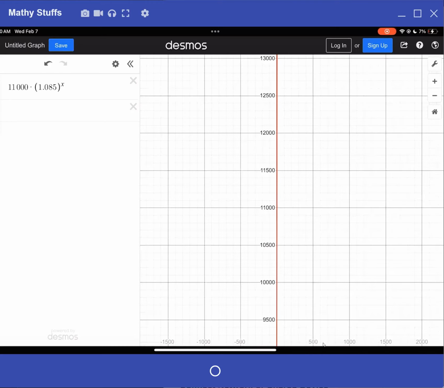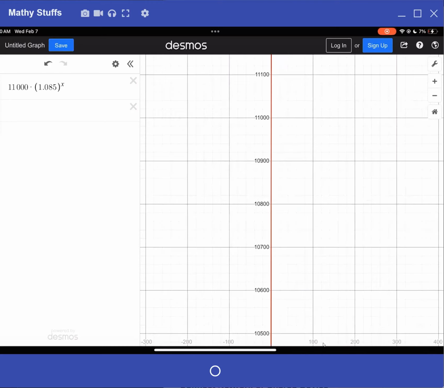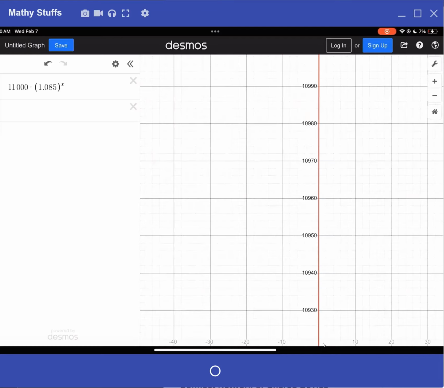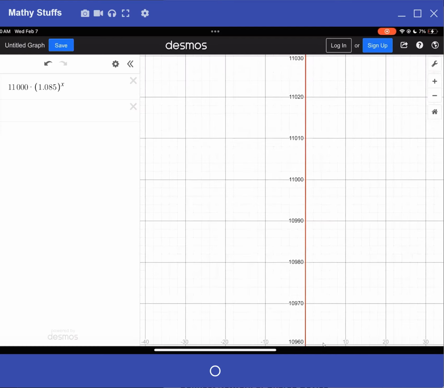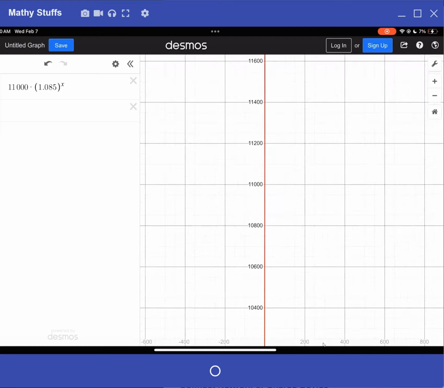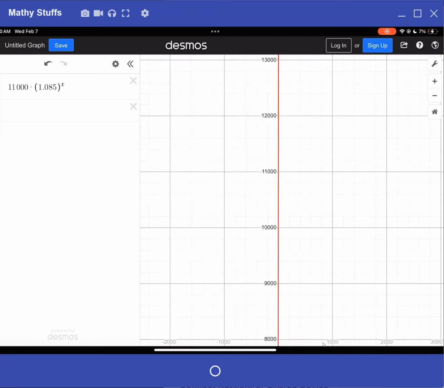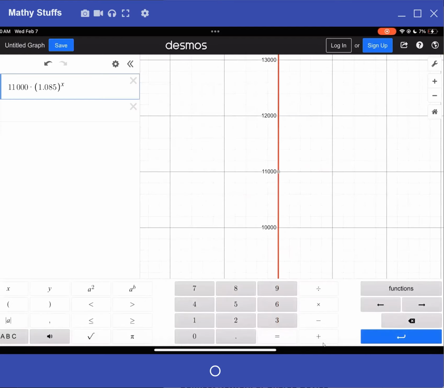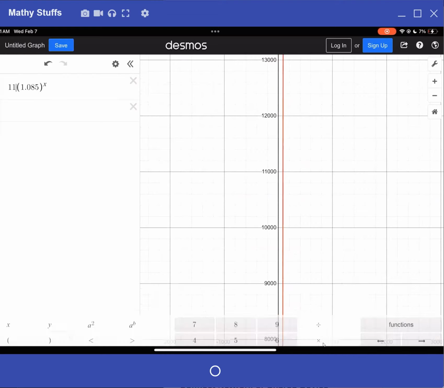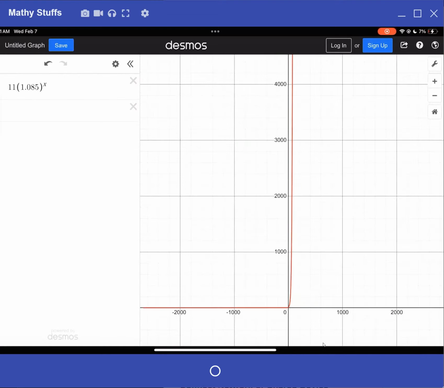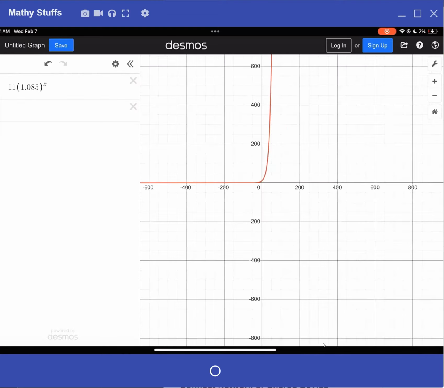There's 11,000 right there, and it just kind of rockets up after that. So the way I've written this is not great for doing a graphical analysis. What we can do is just assume that our units are in thousands, and that's going to make this all a lot better. So let's take a look down here. Now look, see, I come down here.